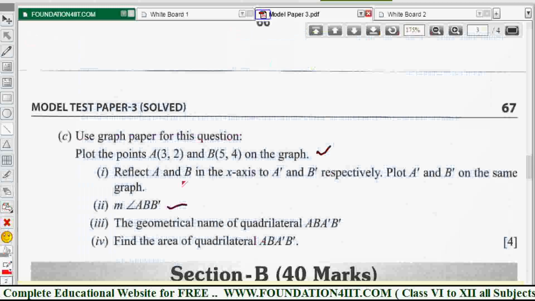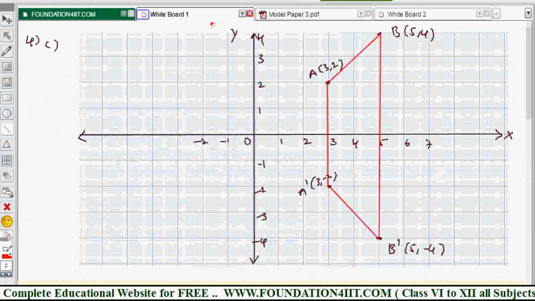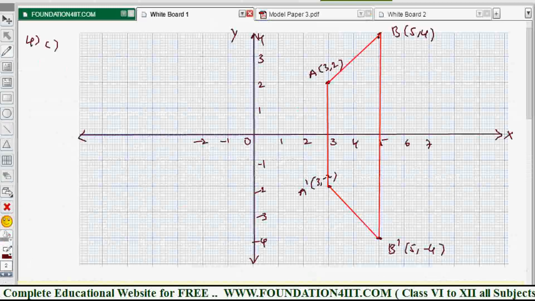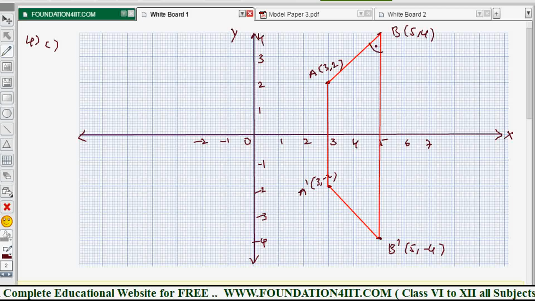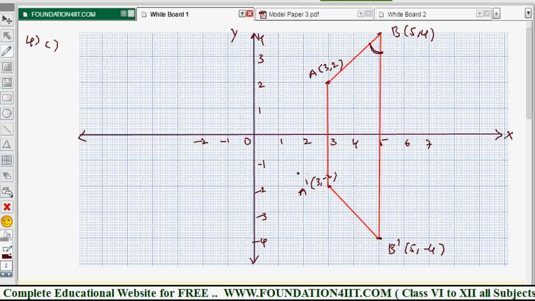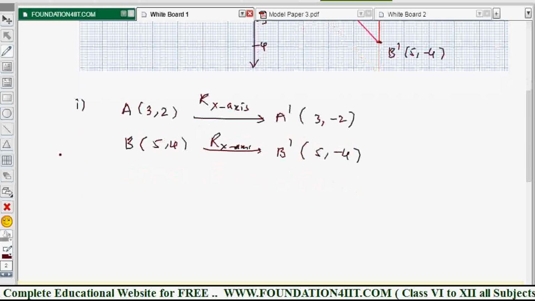After joining, if you observe angle ABB dash, this perpendicular line is 90 degrees, and exactly half of it is the angle. So from the diagram, angle ABB dash is 45 degrees.